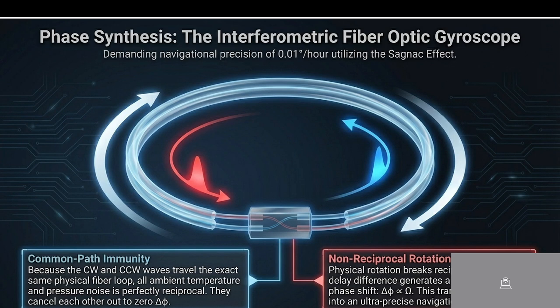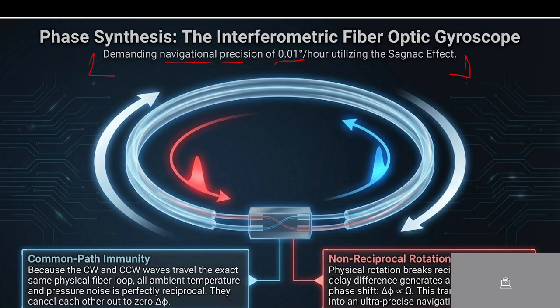And then the phase synthesis for the interferometric fiber optic gyroscope. We have already discussed these things, where we need navigational precision of 0.01 degree per hour utilizing the Sagnac effect.